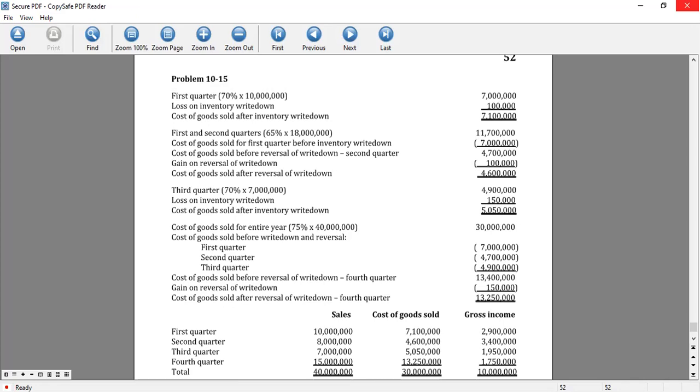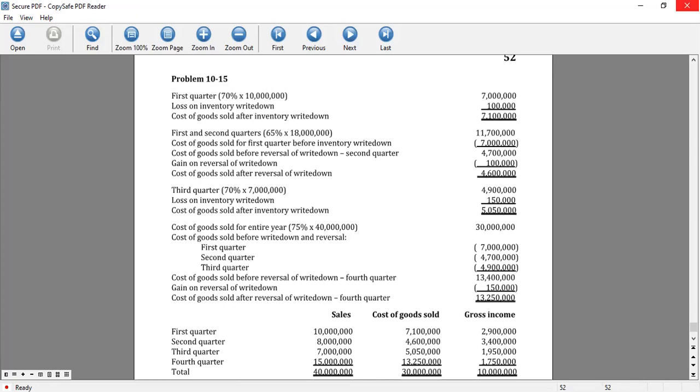Compute for the cost of goods sold for each quarter and the gross income for each quarter. Given are the income tax rates, the actual gross profit rate at the end of the second quarter. Then we are given the quarterly sales from 25 up to 30 1. So we have now 10-15.